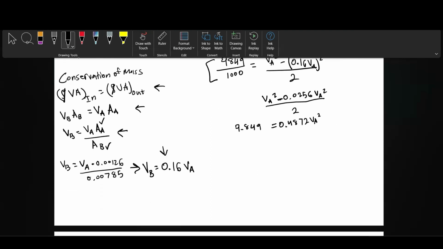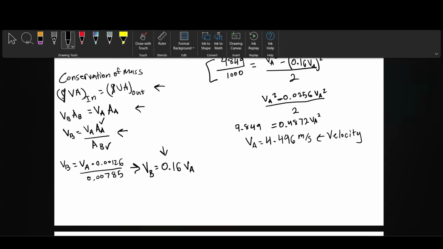And then if you divide by 0.48 and take the square root of that, you're going to get VA equals about 4.496 meters per second. So that's our velocity.